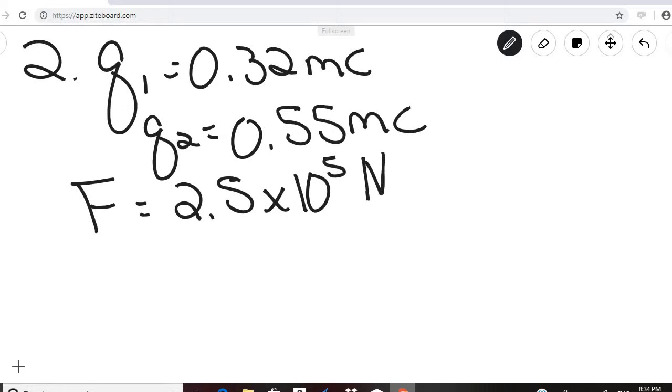It would be a repulsive force because these both have a positive charge, so they're going to repel each other. And then we are asked to find how far apart they are, so we're going to solve for R.